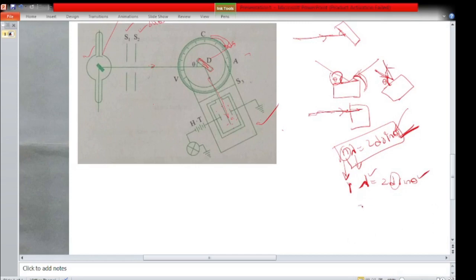For n equal to 2 we will get 2 lambda equal to 2d sine theta, and so on. For third order, 3 lambda equal to 2d sine theta, and so on. So we can find out, for different angles, what will be d, the interplanar distance of that particular crystal.